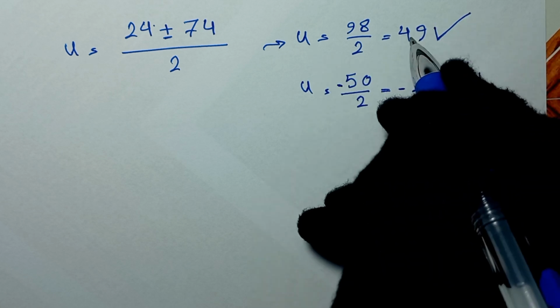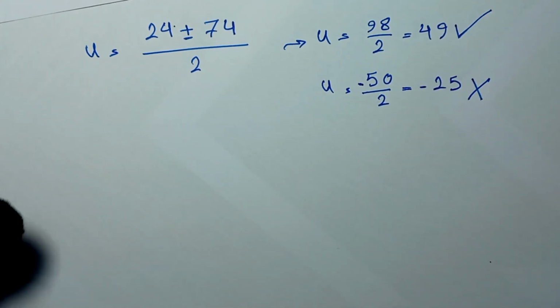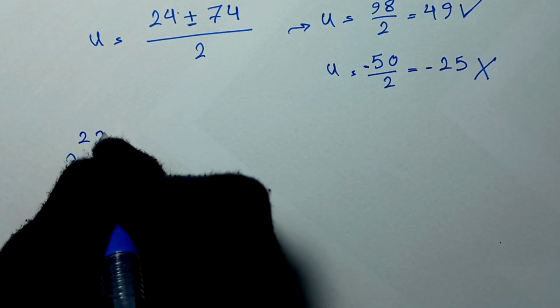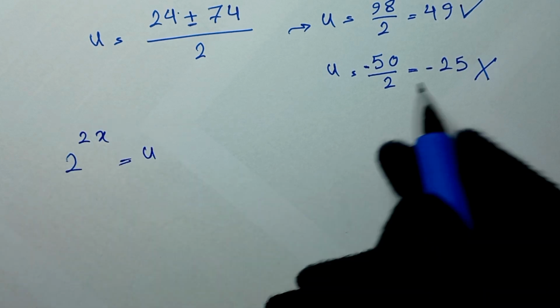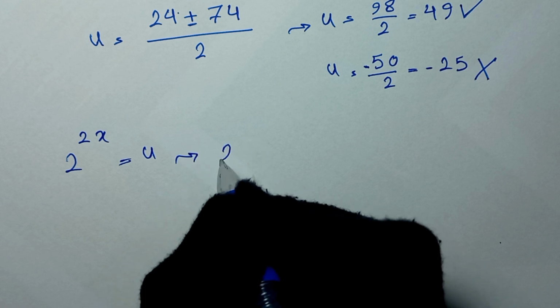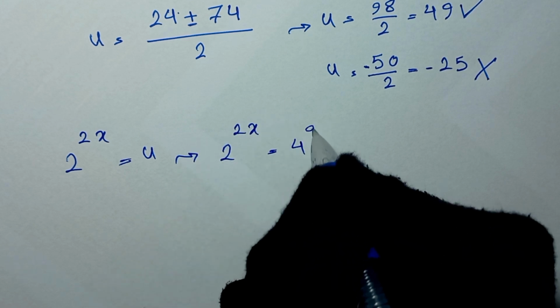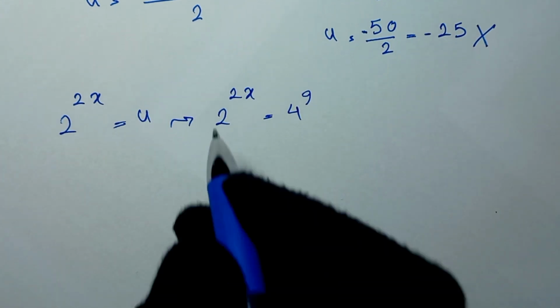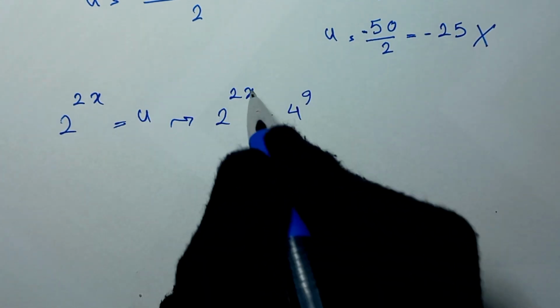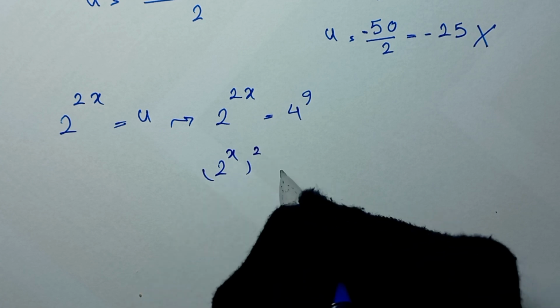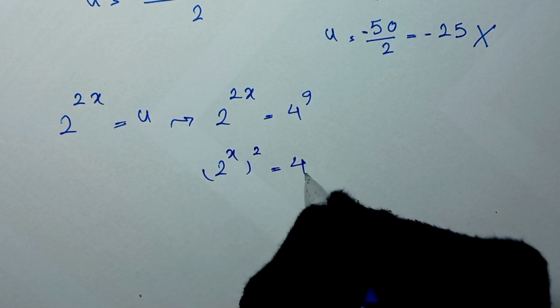So, we recall 2^(2x) is equal to u, and u is 49. So 2^(2x) is 49, and 2^(2x) is (2^x)^2, which is equal to 49.